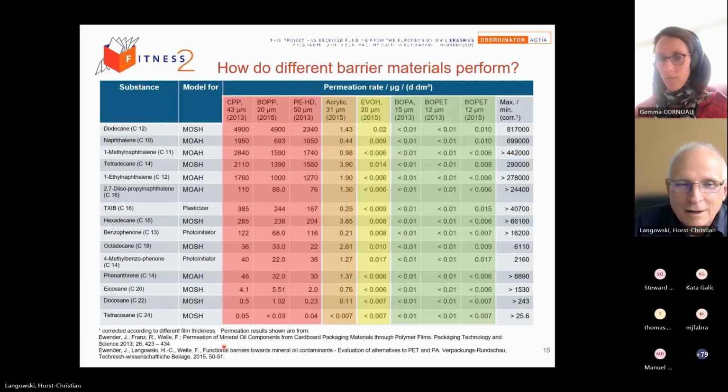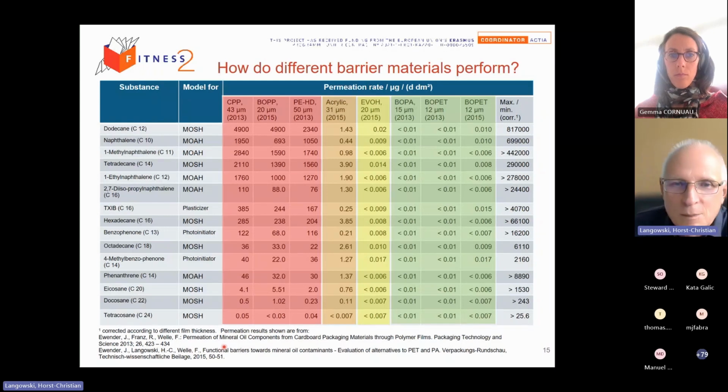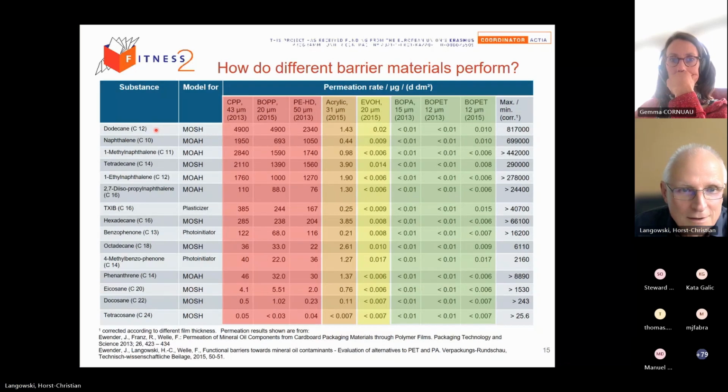Okay, this looks a bit confusing, but I will help you a little bit to understand what is meant. We tested different polymers, which are shown here, with respect to their barrier against different model substances. They go from 12 to 24 carbon atoms.